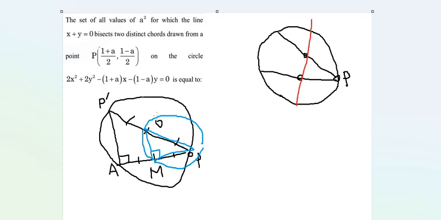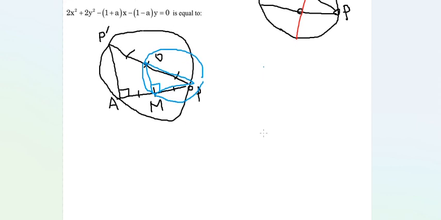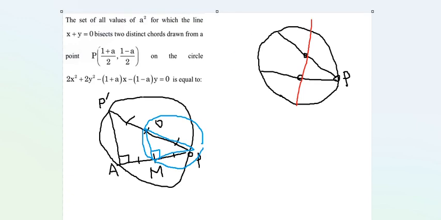The locus of the midpoints of chords in a circle that was originally given. So now back to the problem. Let me just erase this indicative diagram if I can figure out how.